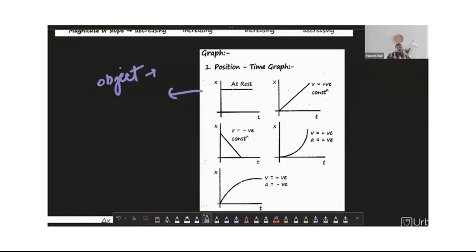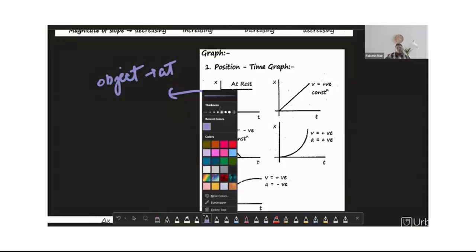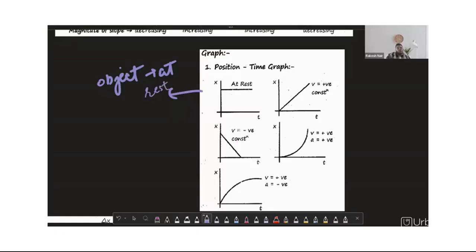When an object is at rest, u is equal to 0.